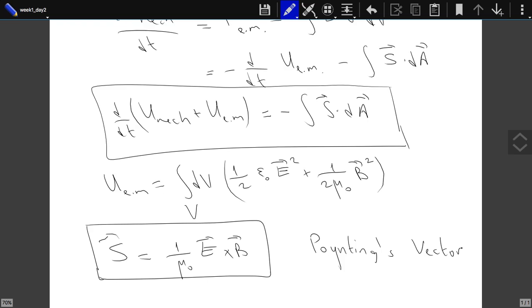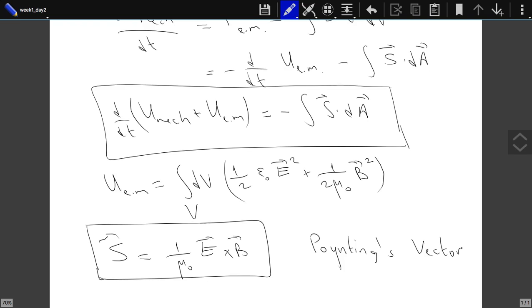You see, we had defined, for example, the current. Current is the flow of charges. Or the current density was the flow of charges per unit area, per unit time. Poynting vector is the same thing, but for the energy. It's the flow of energy per unit area, per unit time.